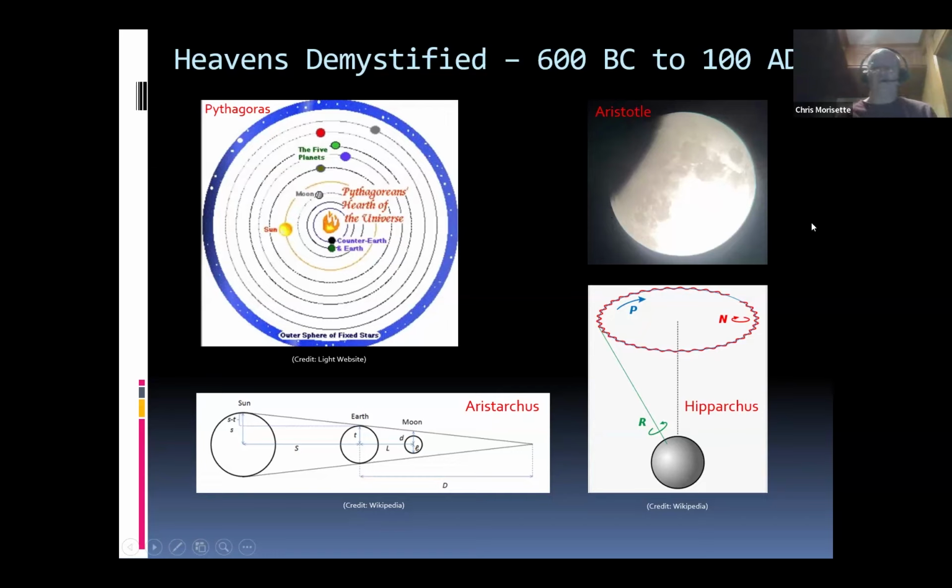So this picture may not be the best, but it was that curvature, the view of that shadow, that led Aristotle to conclude that the Earth is spherical. He also deduced this by his observations of ships coming up on the horizon.